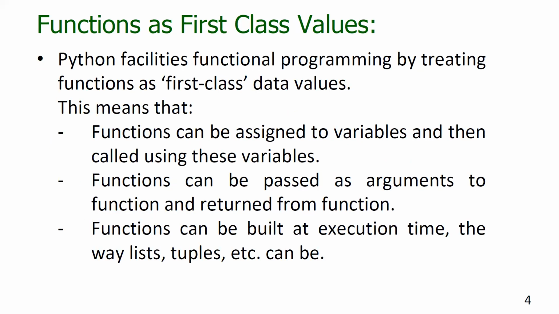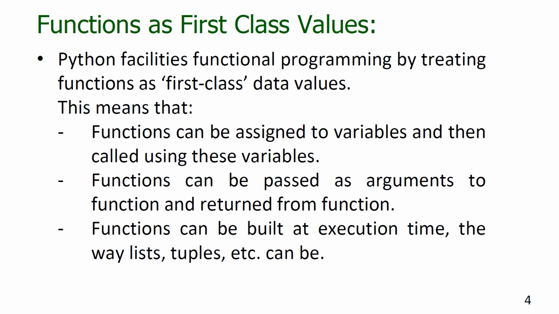Coming to how the functions will act as first class values. Python facilitates functional programming by treating functions as first class data values. So what is the meaning of first class data values? The functions can be assigned to variables and we can use the variables to call the functions.